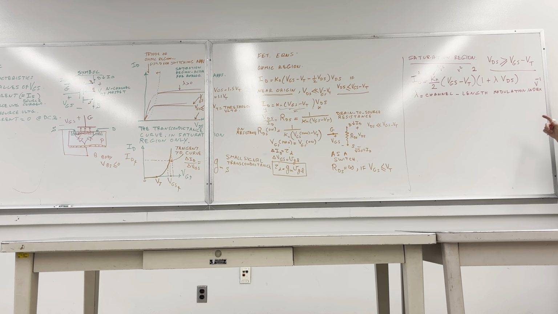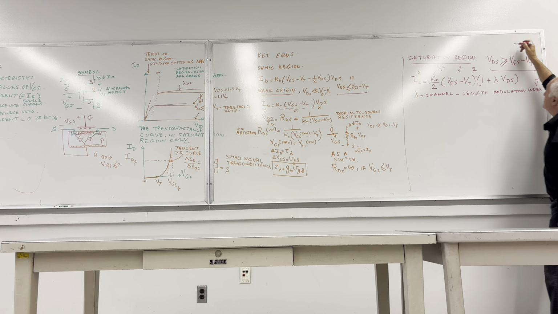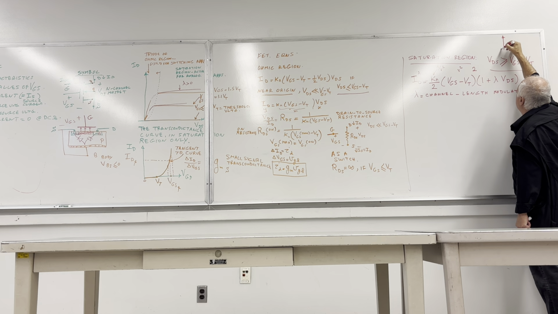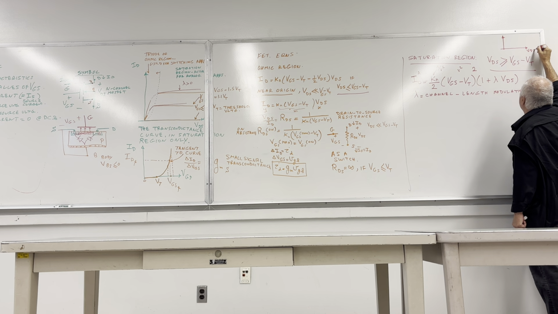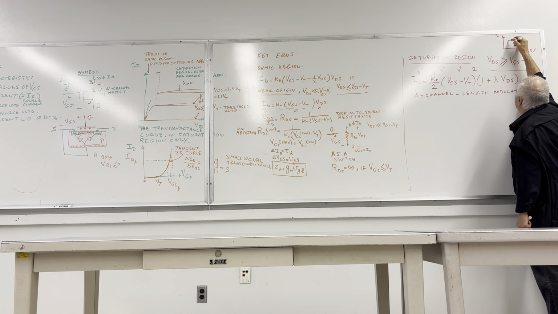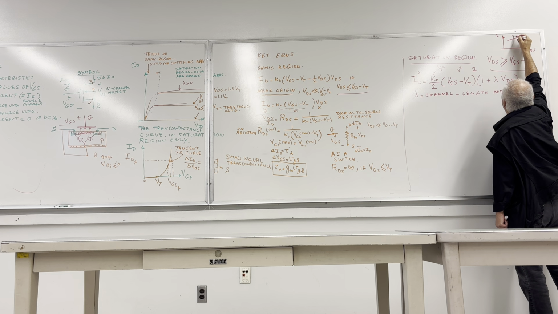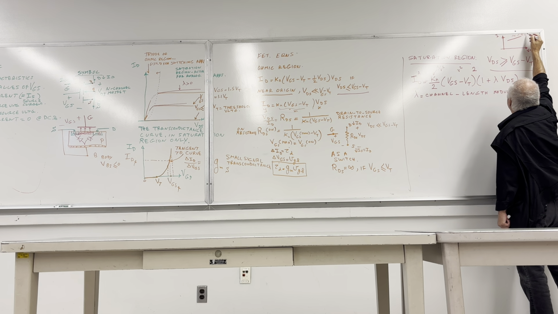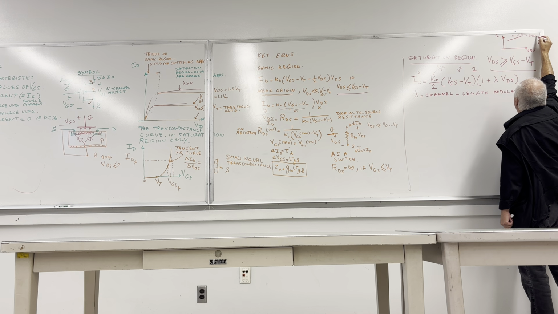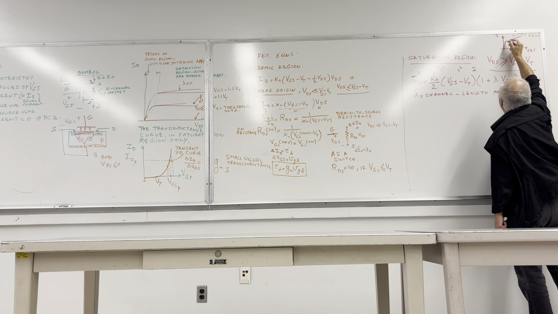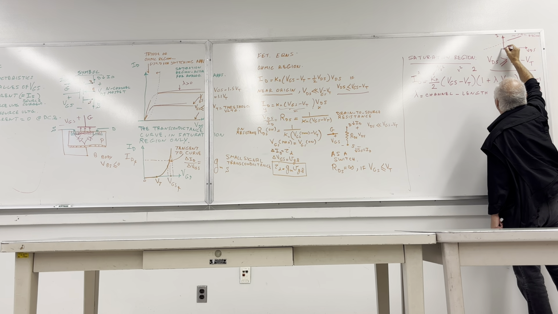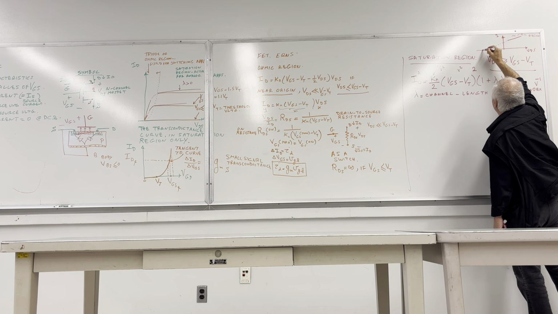But how do you calculate the lambda? How do we figure out the lambda? It's from the characteristics. If you experiment with VDS and ID and you see a line like that in the saturation region, this line will intercept that axis at a position called minus 1 upon lambda.